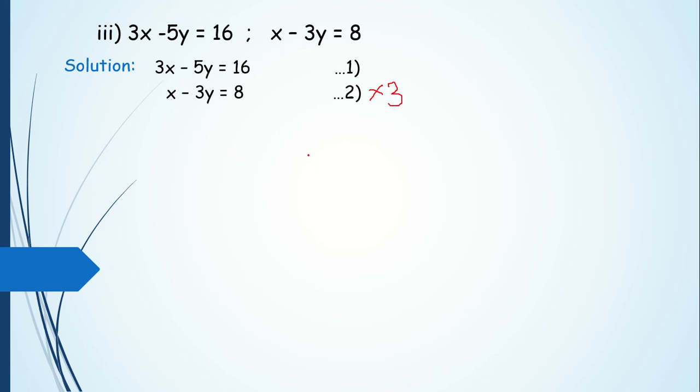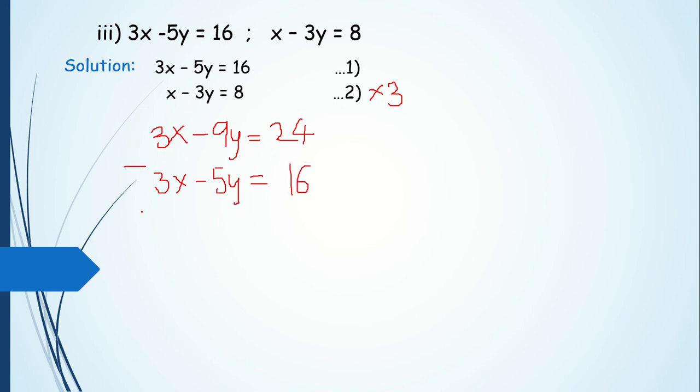If I multiply equation number 2 by 3, I will get 3x minus 3 3s are 9y is equal to 8 3s are 24. Okay, and this is 3x minus 5y is equal to 16.